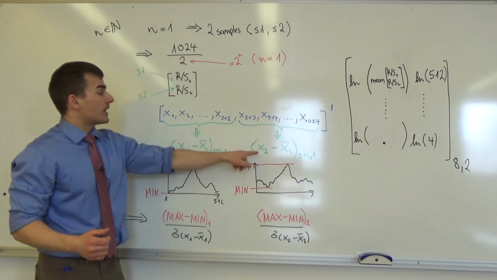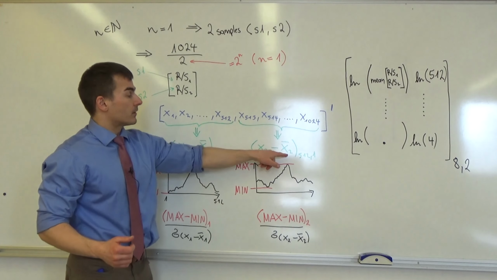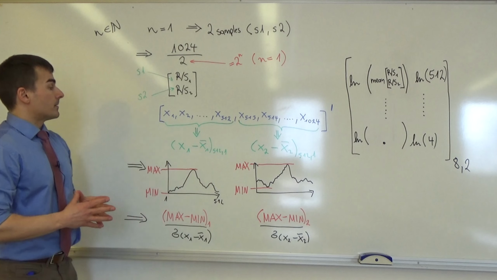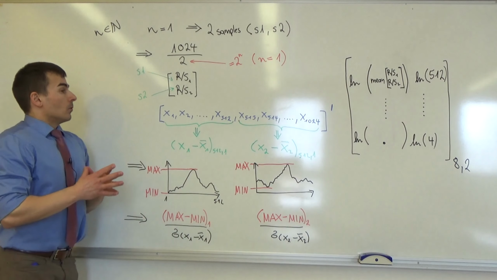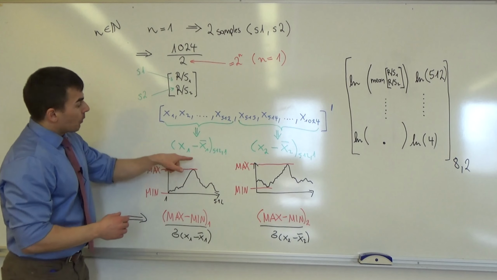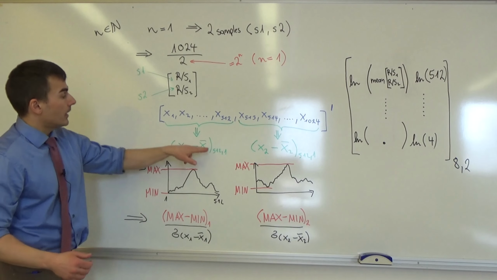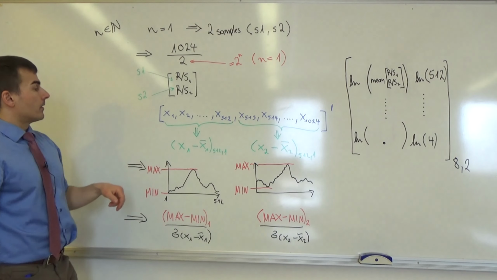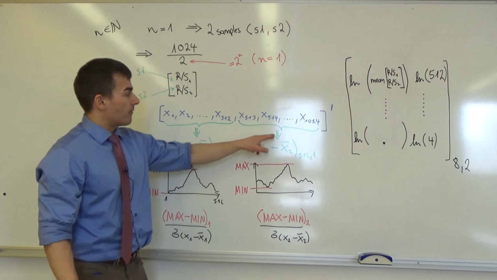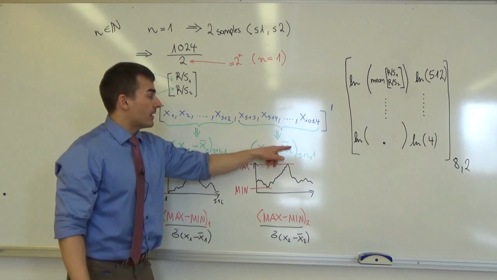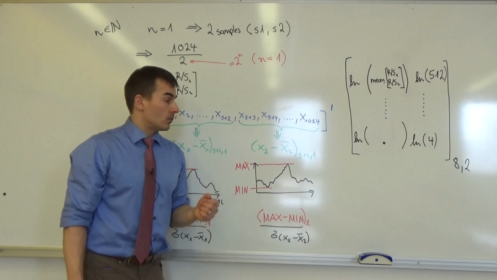We have it denoted here as x2 minus x bar 2. Very simple. So on average, what we have here, it is 0. The same is true here. On average, what we have here, because we subtract the sample mean, on average, that's 0.